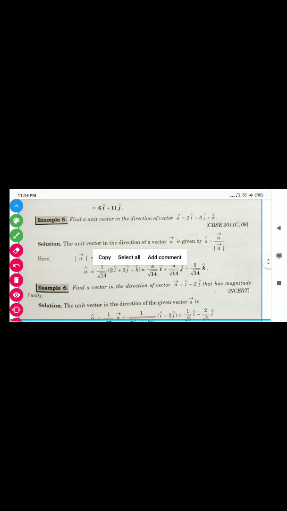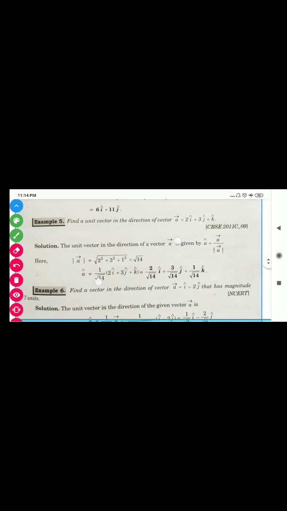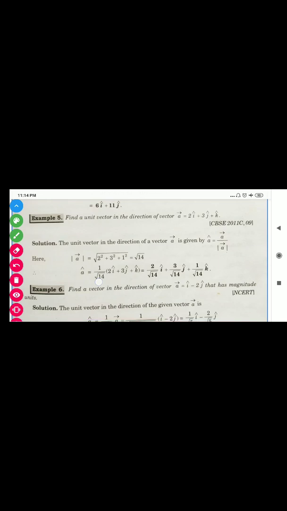Here we have question number 5. This is a very important question. Find a unit vector in the direction of the given vector a. Unit vector in the direction, along, or parallel to the vector all have the same working rule.